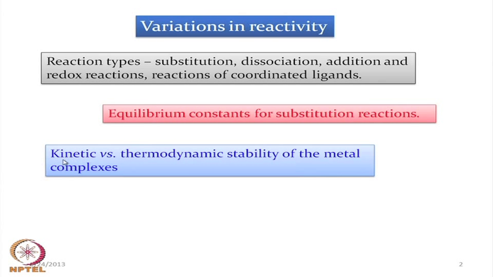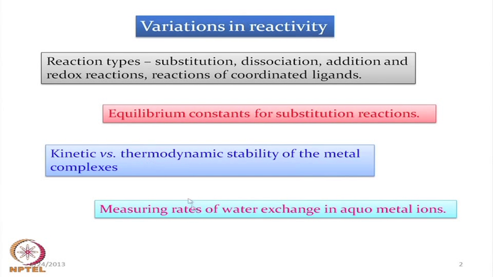So, the kinetic lability or inertness and the thermodynamic stability or instability of these metal complexes can be classified in terms of two different terms, one related to the kinetic term and another related to the thermodynamic term.